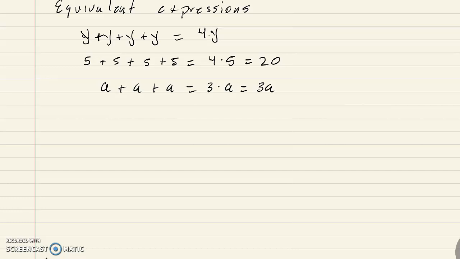Okay, so similar matter. Sometimes you might have a plus a plus a plus b plus b. In this case, you have 3a, but you have 2b. So in this case, you combine the 3a and you combine the 2b, and that's what you have.